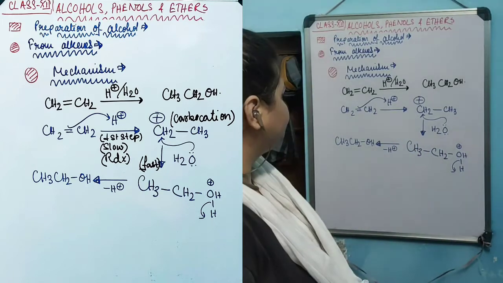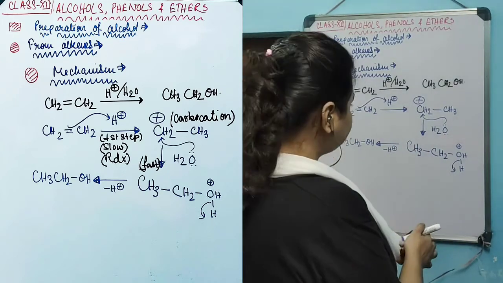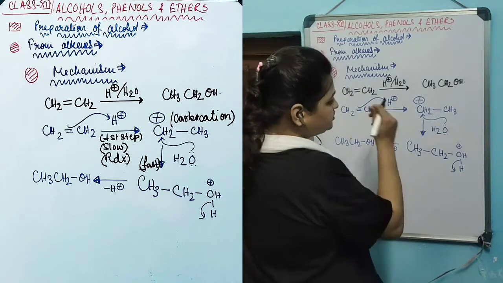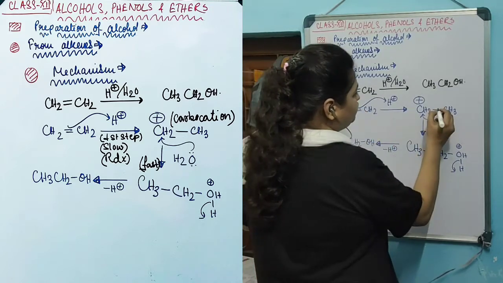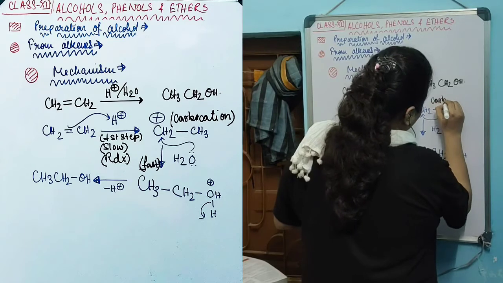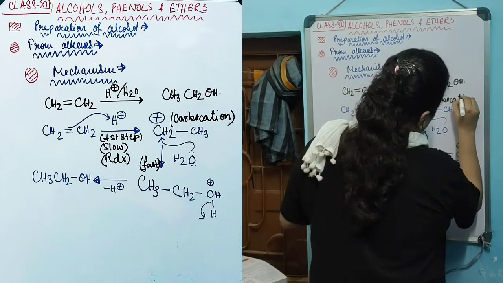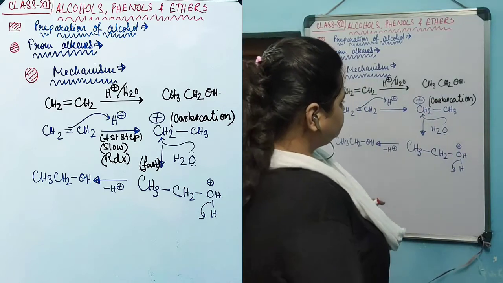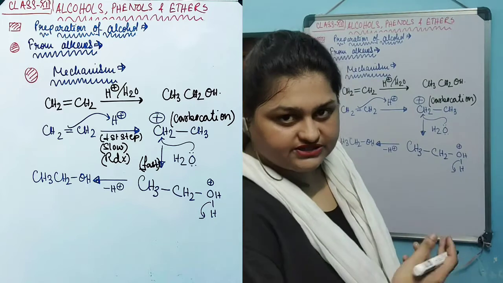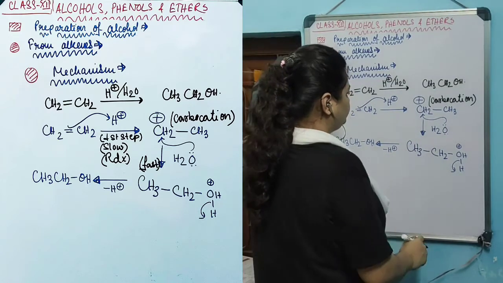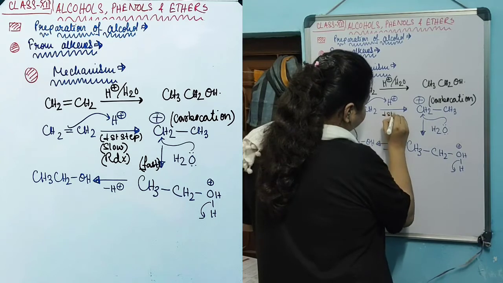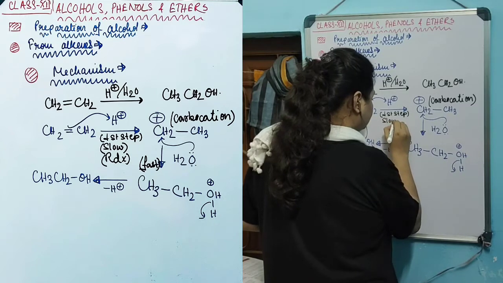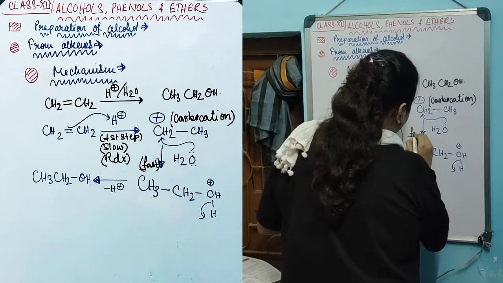Now in this reaction, this is a complete addition reaction that is happening, but this addition reaction is a two-step reaction, in which in the first step formation of a carbocation is there, and in the second step attack of a nucleophile, which in this case is H2O, follows. The first step is the slow step, and the second one is the fast.